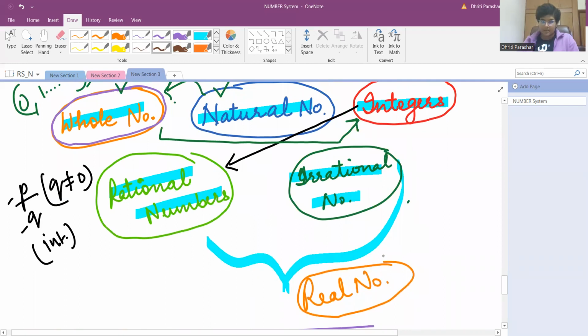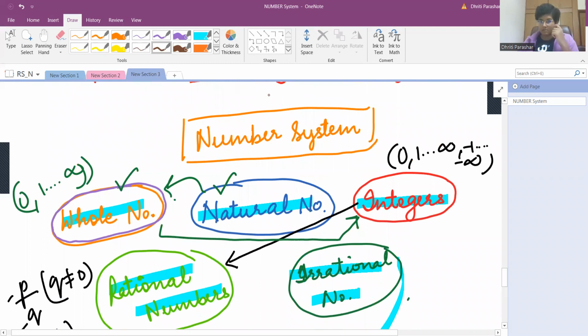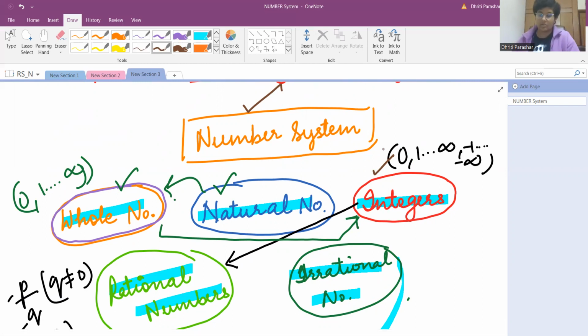Now, right now, what we are concerned with is the number system when we have natural numbers that come naturally to you, whole numbers that consist of all natural numbers and zero, integers that consist of the positive and negative form of the natural number, that is 1, 2, 3, 4, and minus 1, 2, 3, 4, again till positive infinity and till negative infinity respectively, and also zero.